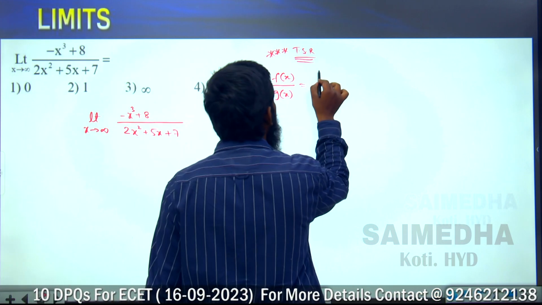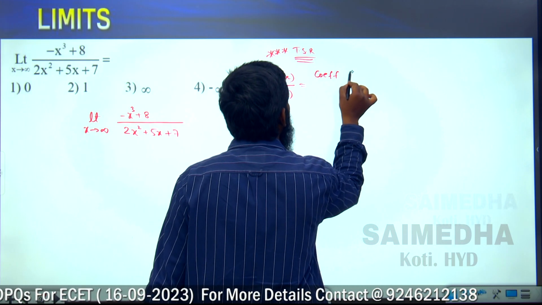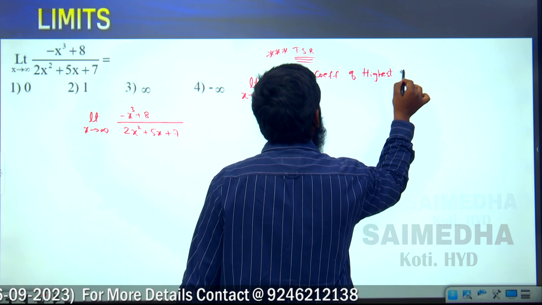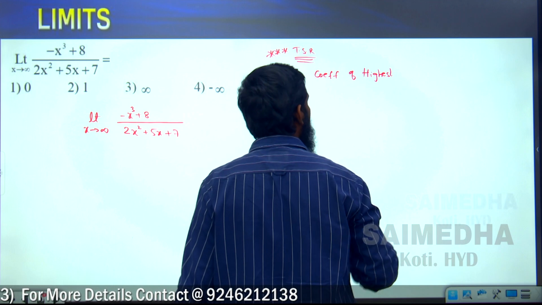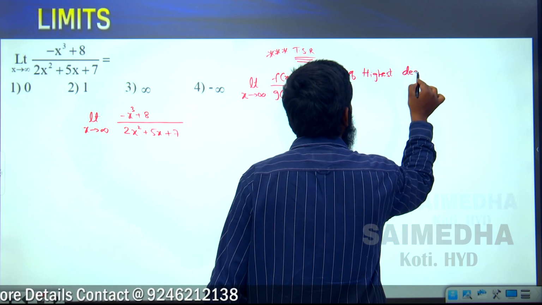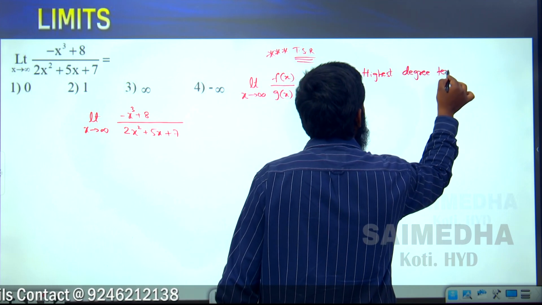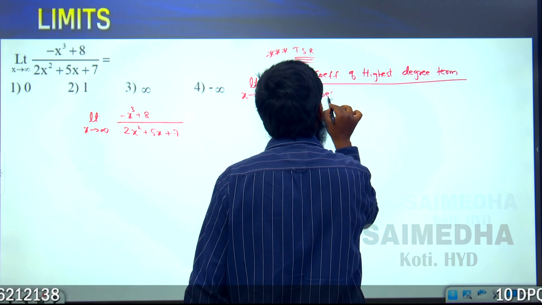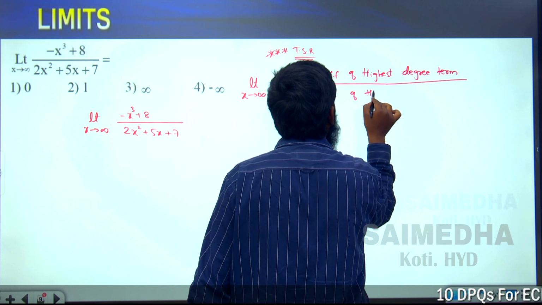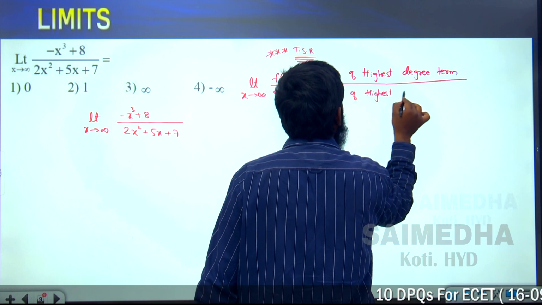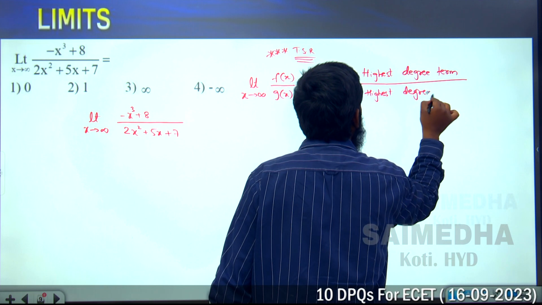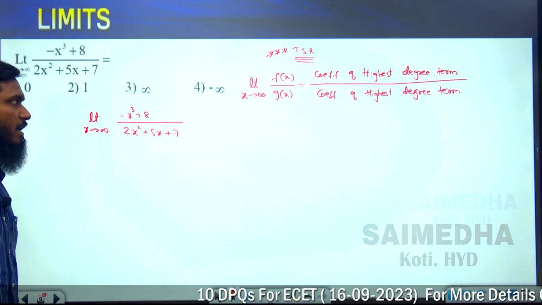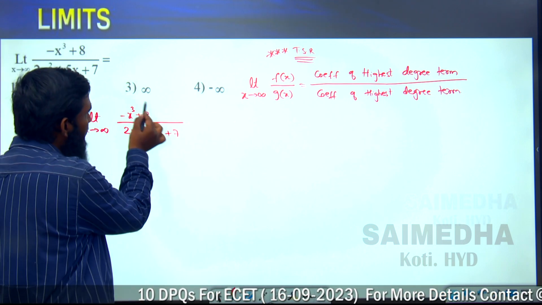Now listen carefully. We take the coefficient of the highest degree term divided by, again in the denominator, the coefficient of the highest degree term.